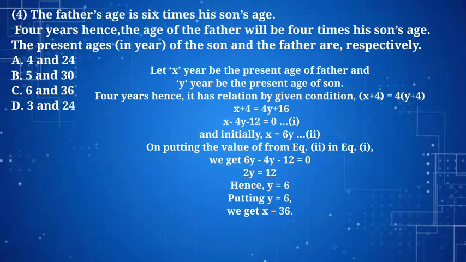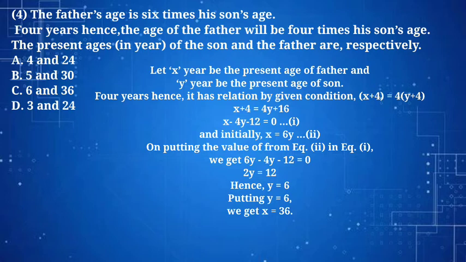So let us consider x years be the present age of the father and y years is the present age of the son. So the first condition is father's age is 6 times his son's. So this can be written as x equal to 6y, equation number 2.